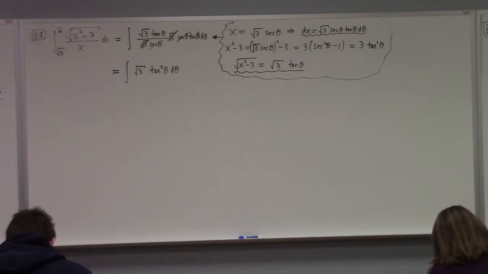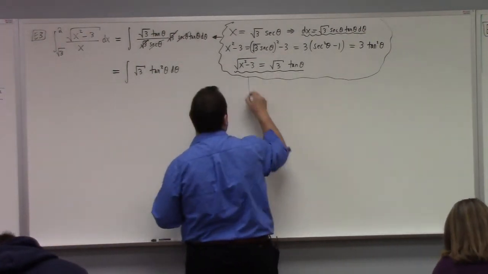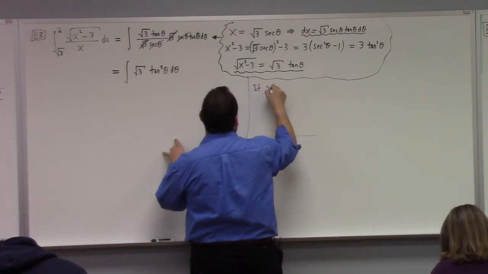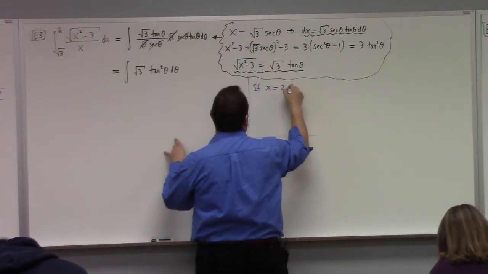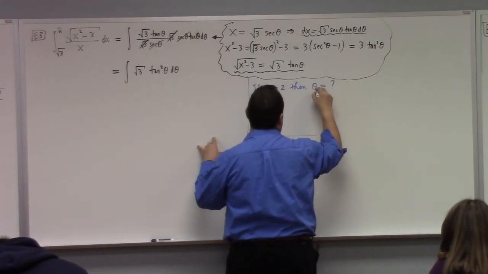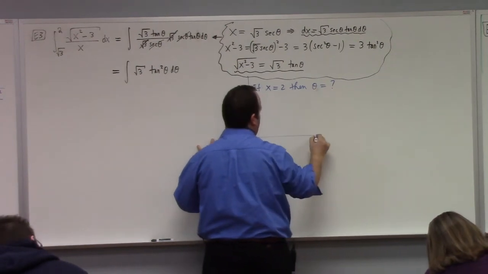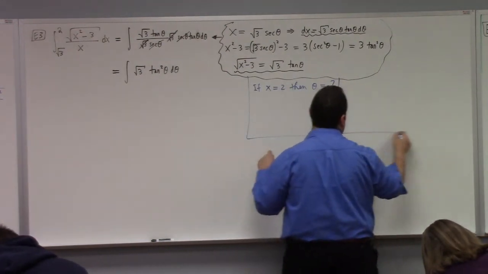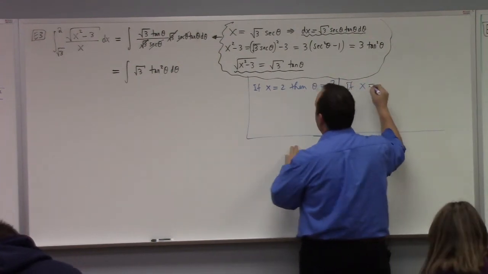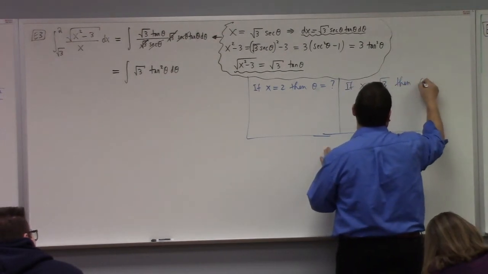So how does that work here? In other words, if x is equal to 2, then theta equals what? And vice versa, if x equals root 3, then theta equals what?